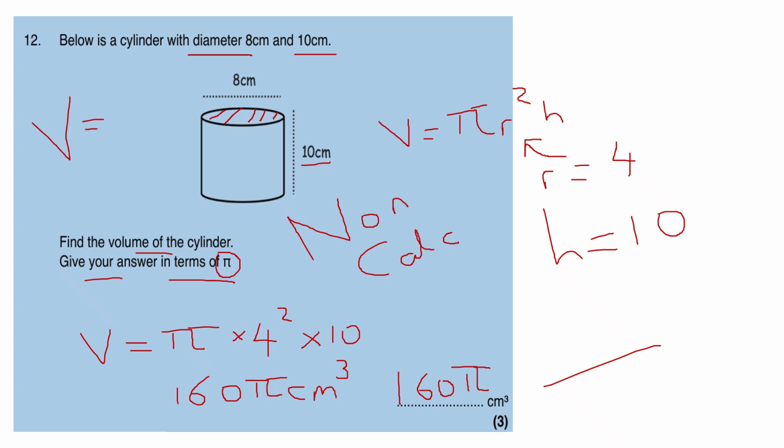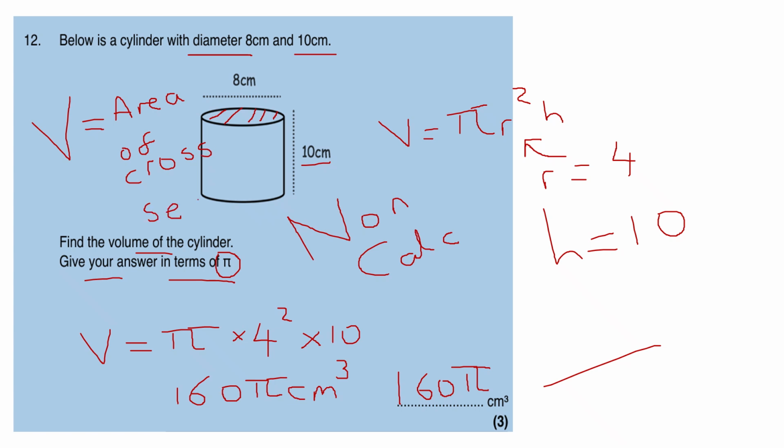prism or a cylinder. The volume of any given prism or 3D shape is the area of the cross section. So the cross sectional area, you might see it. So area of cross section, and then we multiply that by the length or height.